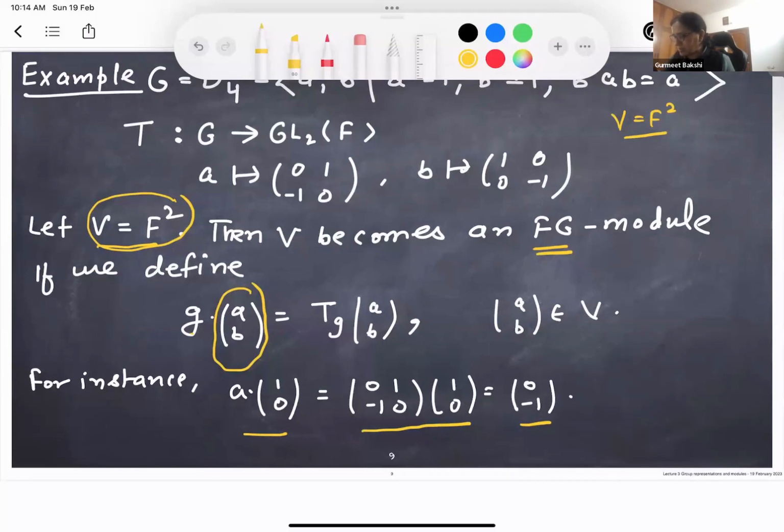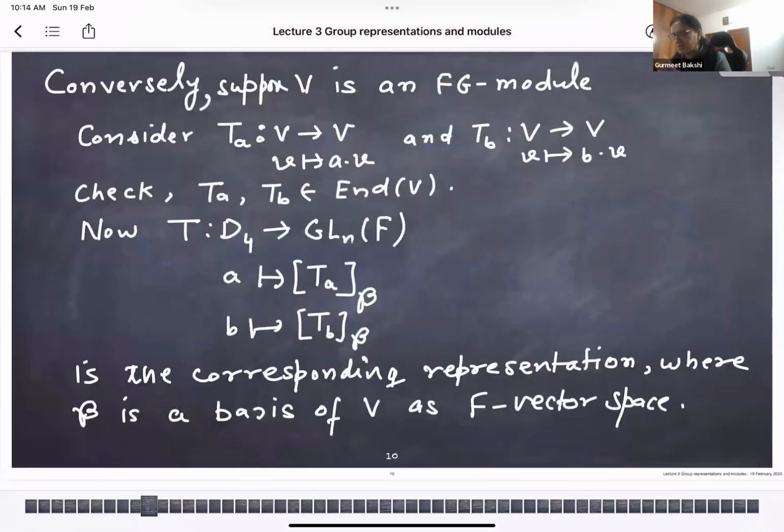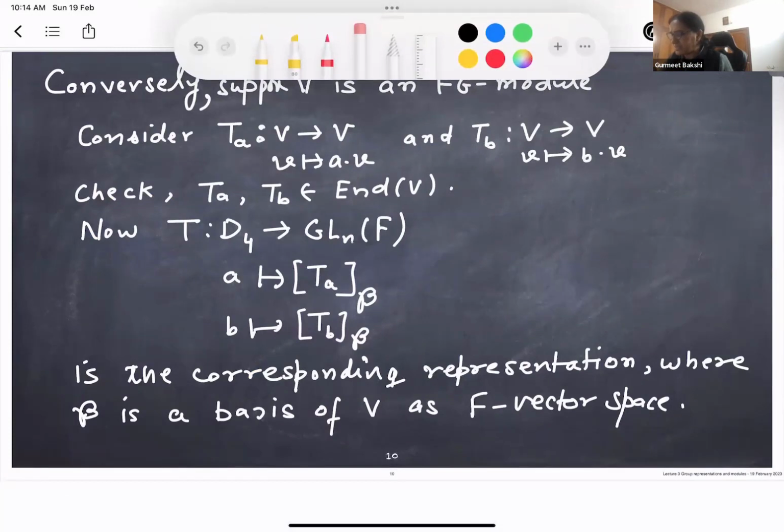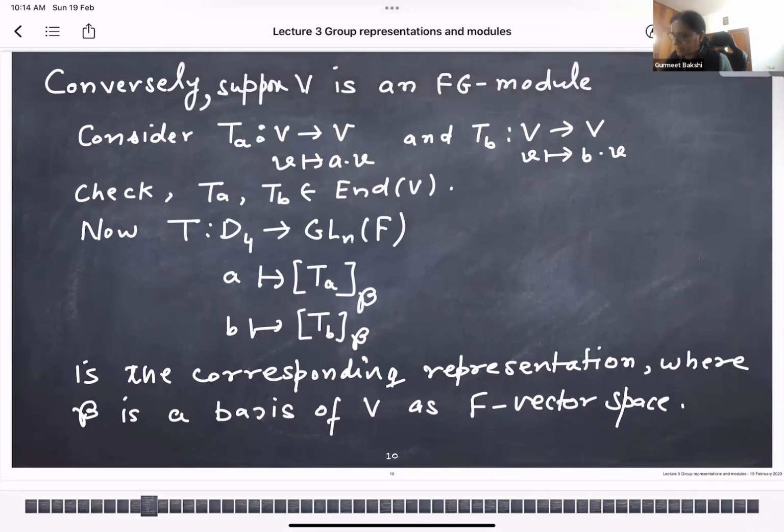So this is the way you define. And conversely also, if you are given V, which is an FG module, then you can construct the vector space exactly the way I explained in the bijective correspondence.